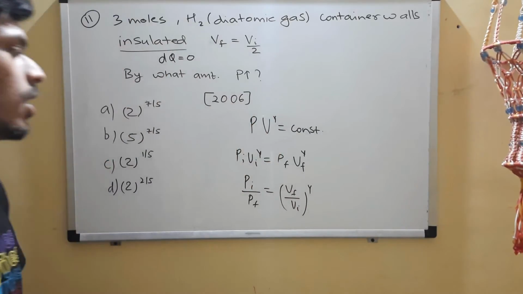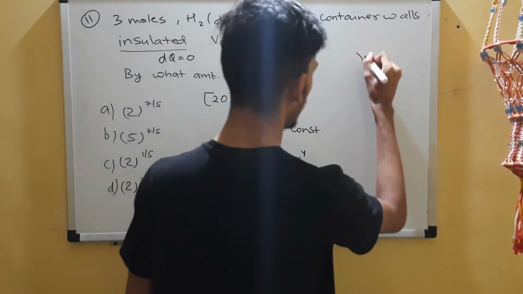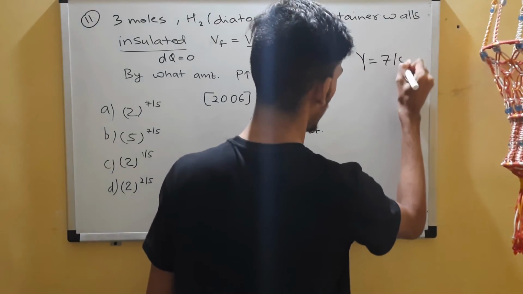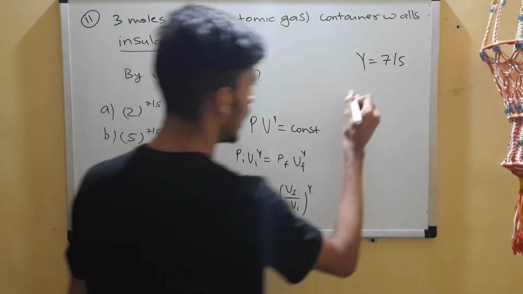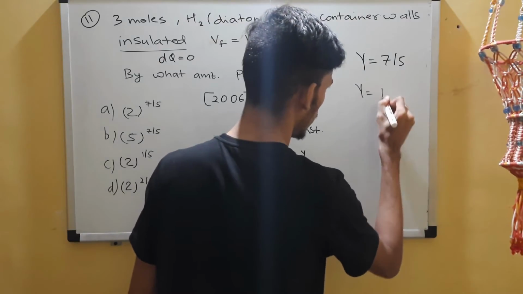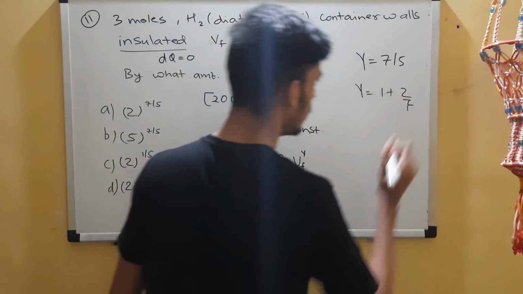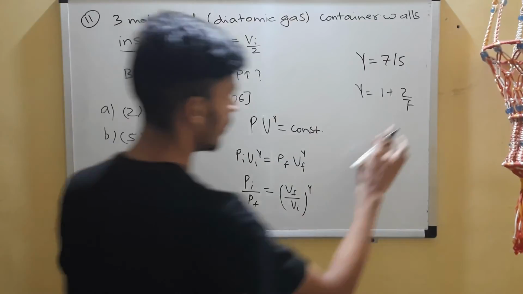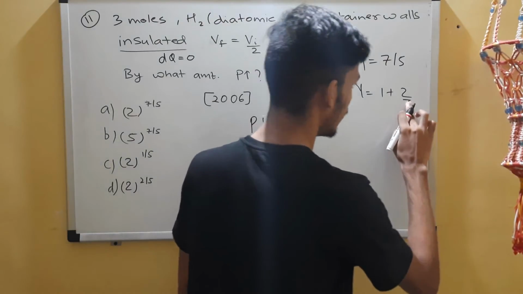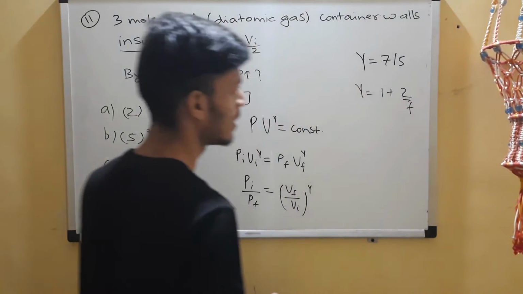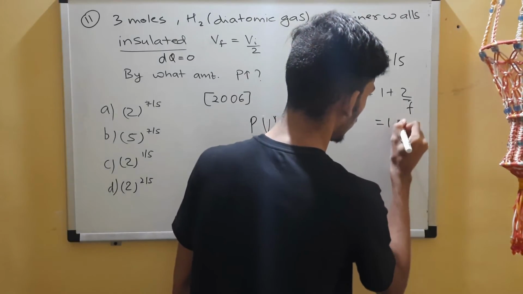Now gamma for a diatomic gas, the value for gamma is 7 by 5. If you don't know it directly, you can use the relation of gamma with degree of freedom, which is 1 plus 2 by F. You should know the degree of freedom value for the diatomic gas, which is 5.